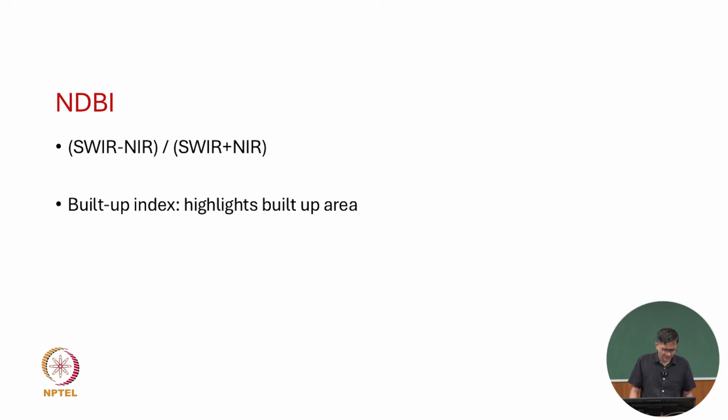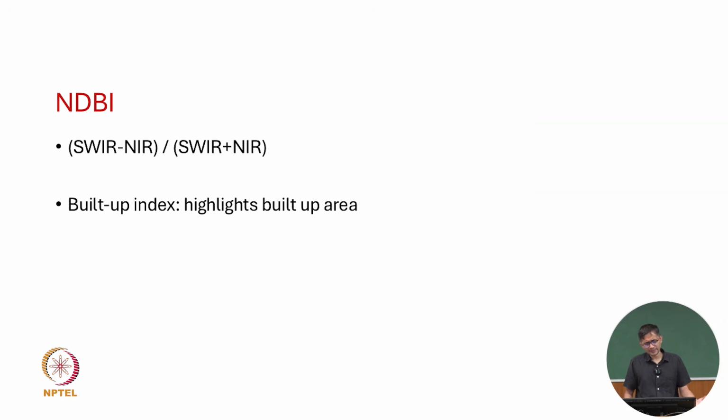Also, it's important at this point to mention that in the last 3 slides we have seen these 3 particular spectral indices, and, let's say for the water index, other combinations are also possible.